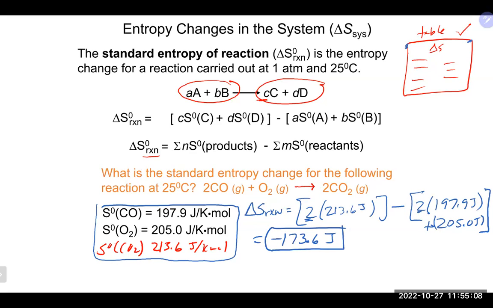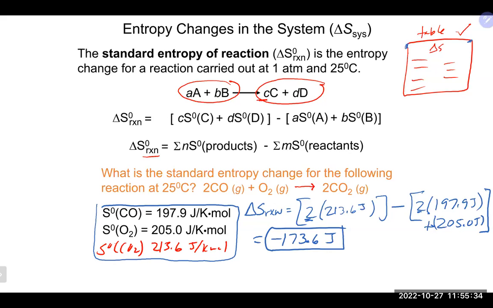It tells us whether the order is increasing or decreasing. Are we increasing or decreasing the disorder based on the value? We are decreasing the amount of disorder because it's a negative value, which means the amount of order is increasing, right? So that's what it tells us.